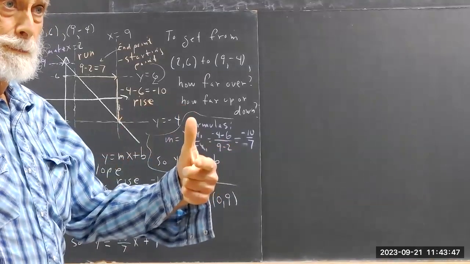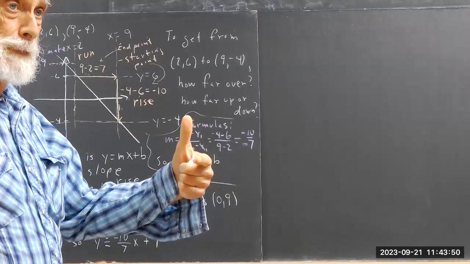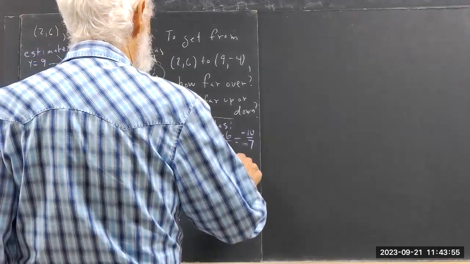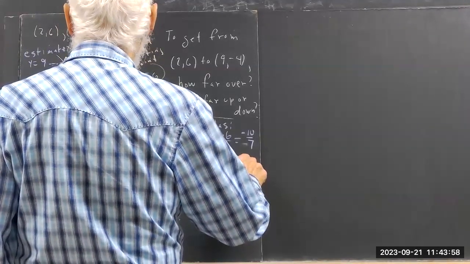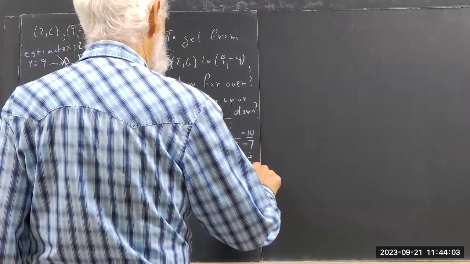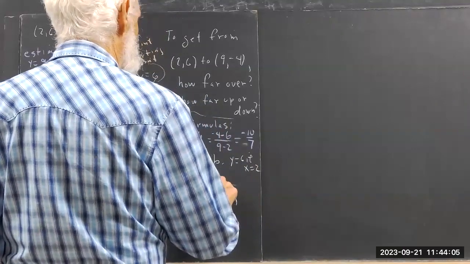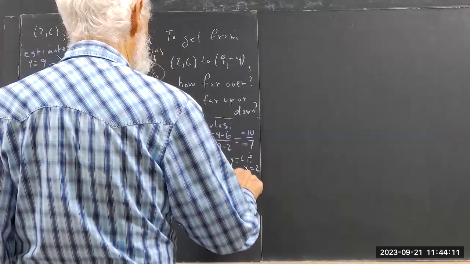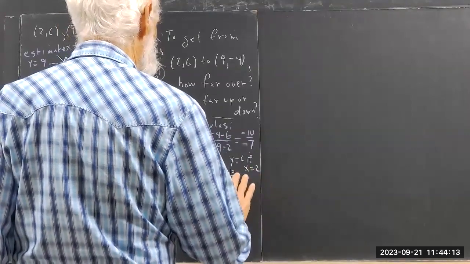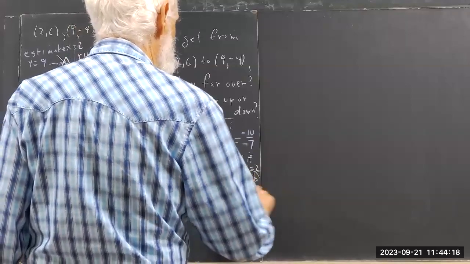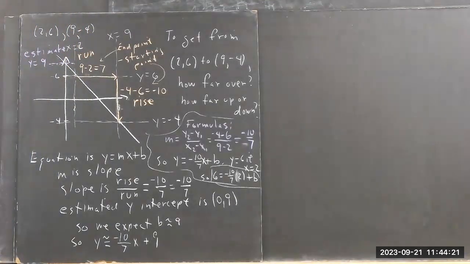That is what you did, isn't it? Okay. y equals 6 if x equals 2. So you get the equation 6 equals negative 10/7 times 2 plus b. That makes sense? Is that what you did?